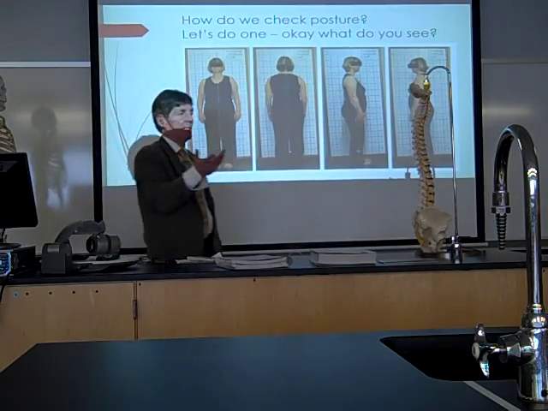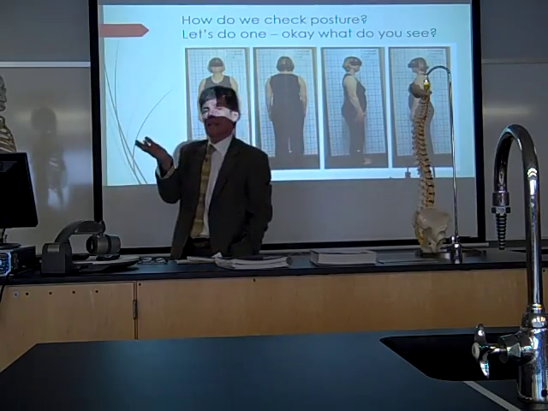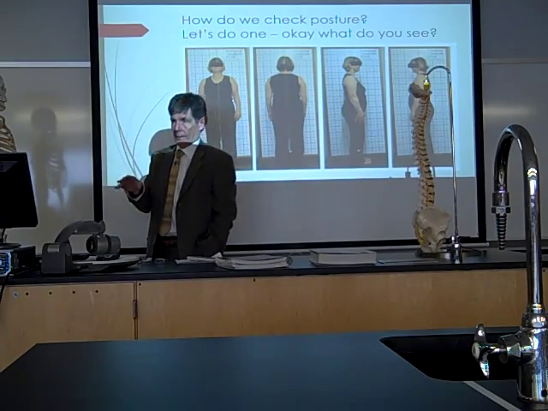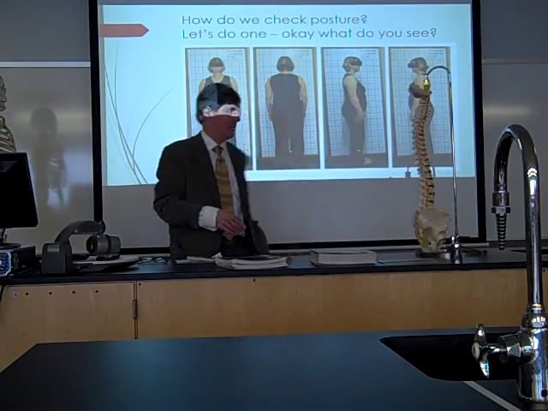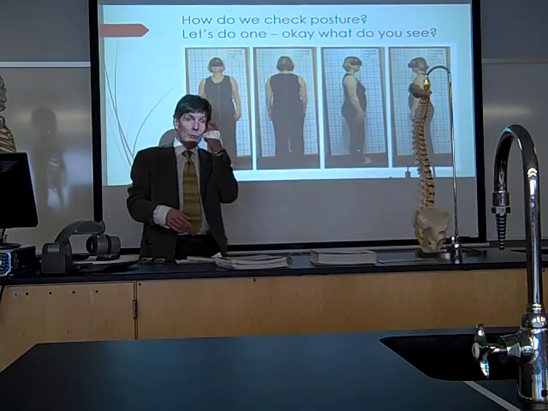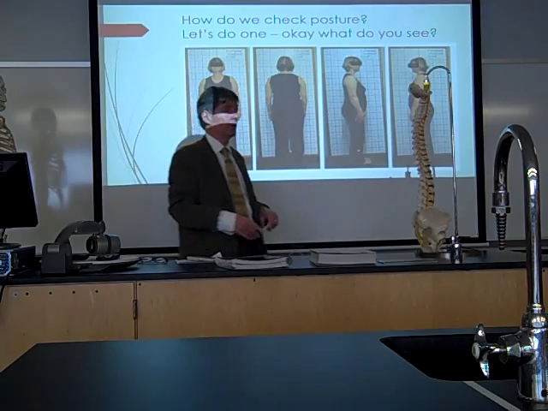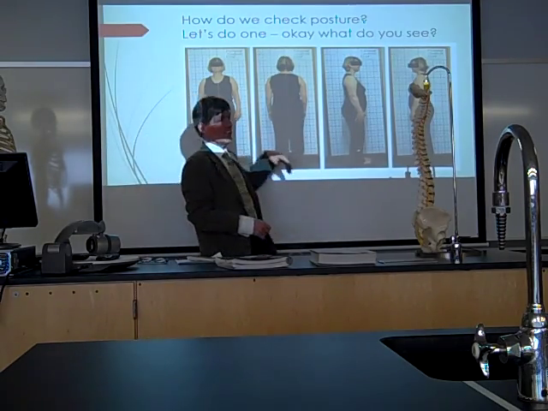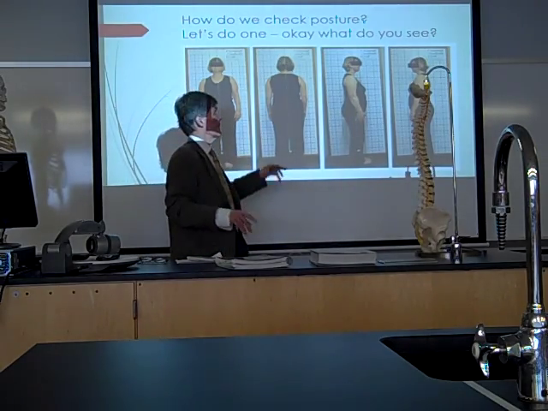From your anatomy and physiology class on spinal, what is a sideways curvature of the spine called? Right. Absolutely. It's called scoliosis. Is that a normal curvature of the spine? Right. It is not a normal curvature of the spine. What else do you see here? Okay, Mr. Chen? Okay, yep.